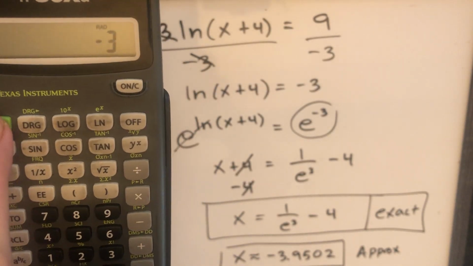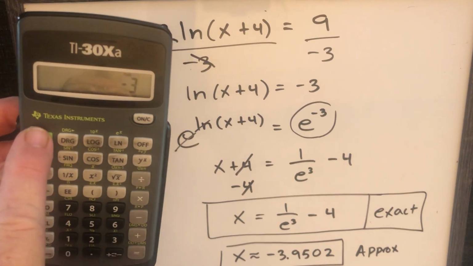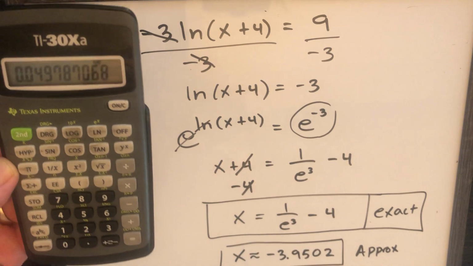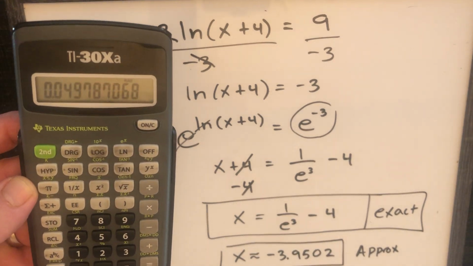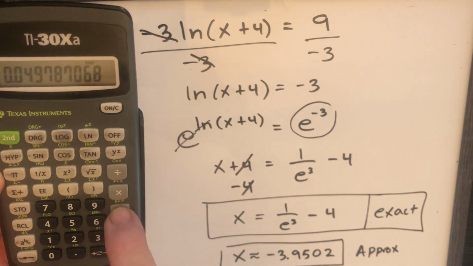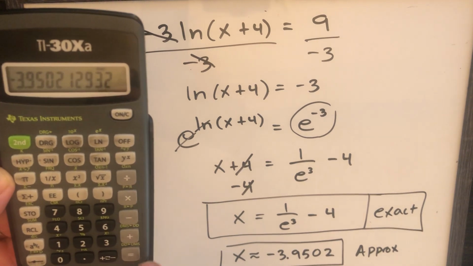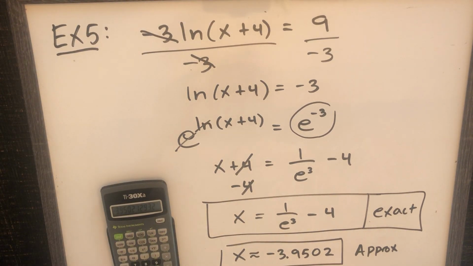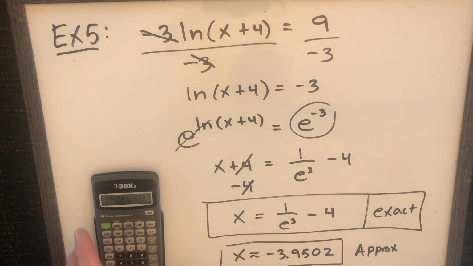And then I do the e. It's much easier than doing 1 over e cubed, but you should get the same value either way. And then I subtracted 4, and that's how I got my approximate solution there. Okay.